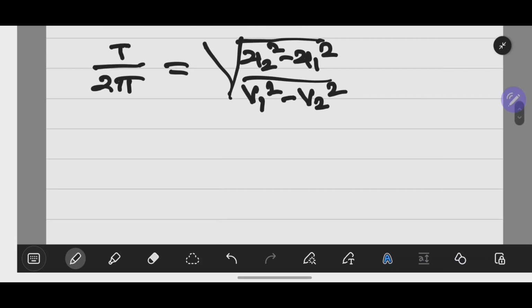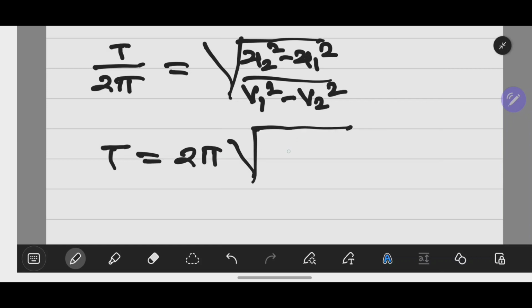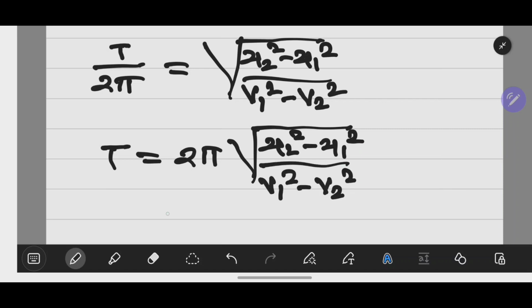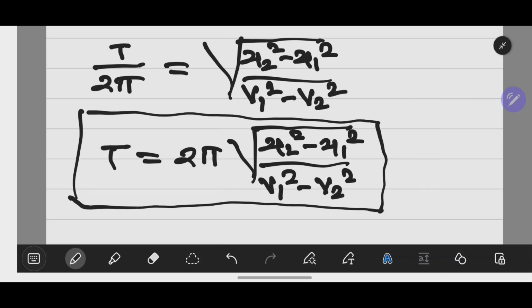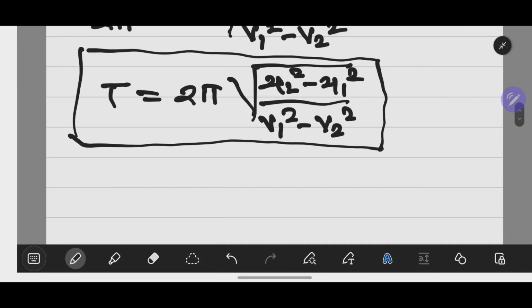Then the final answer that we got is T equal to 2 pi under root of x2 squared minus x1 squared divided by v1 squared minus v2 squared. This is your final answer, and hence which option is correct? That is option B.